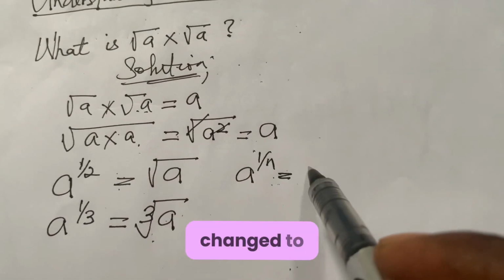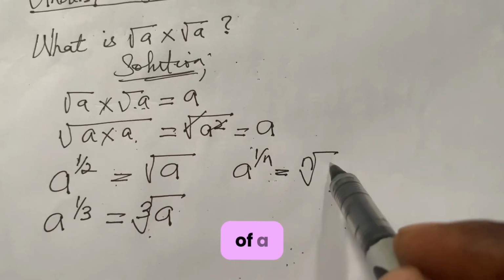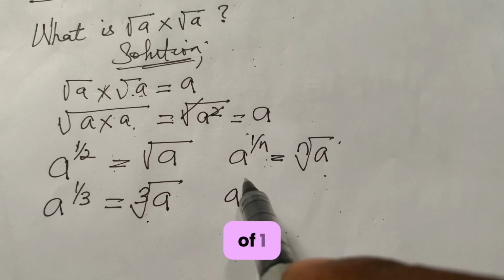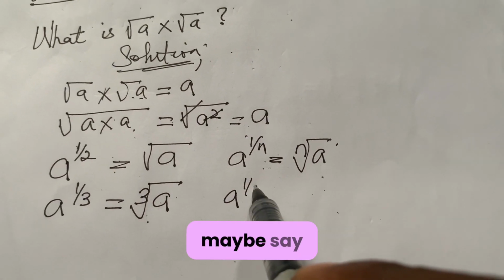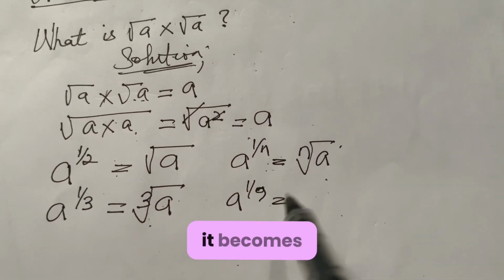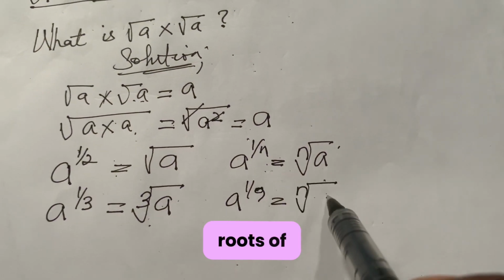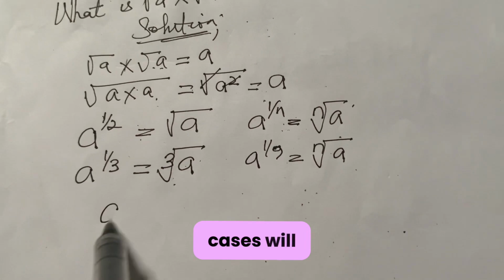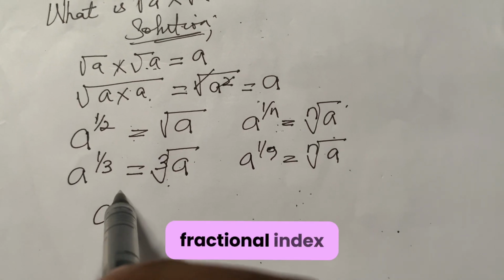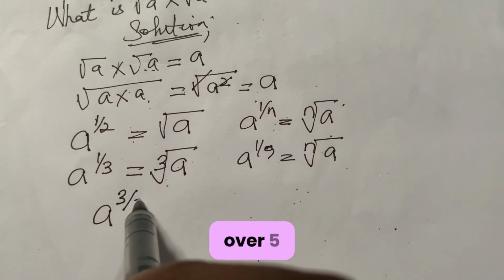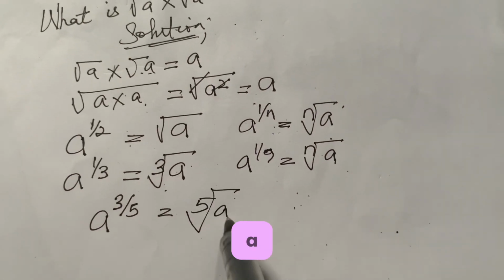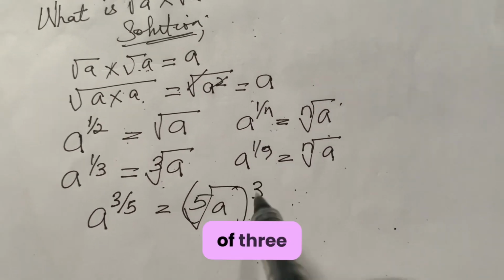It will automatically change to the nth root of a to the power of 1. Similarly, if I have a to the power of 1 over any number, maybe say 9, it becomes the ninth root of a, to the power of 1. But special cases where you have a fractional index, maybe 3 over 5, this becomes the fifth root of a, all to the power of 3.